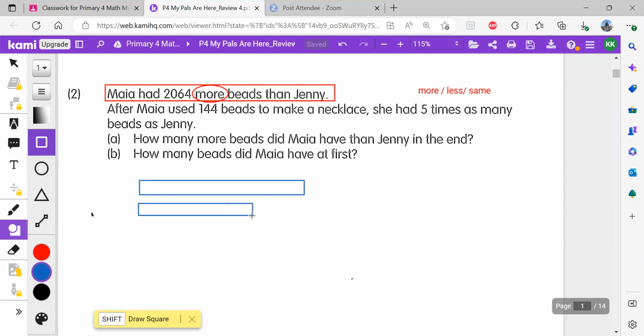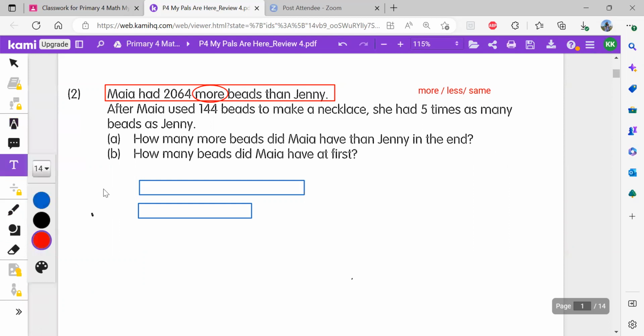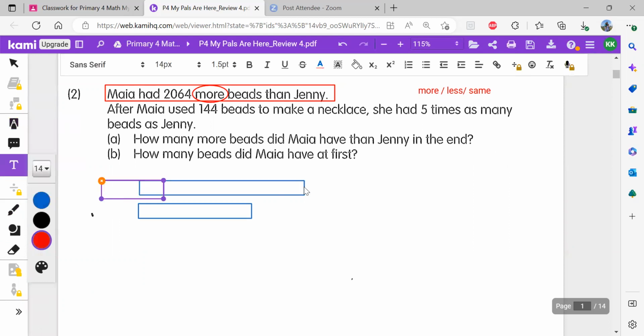I will use blue. Bear in mind that Maya is going to be longer, and make sure they are from the same starting point. So this is Maya, and this is Jenny.